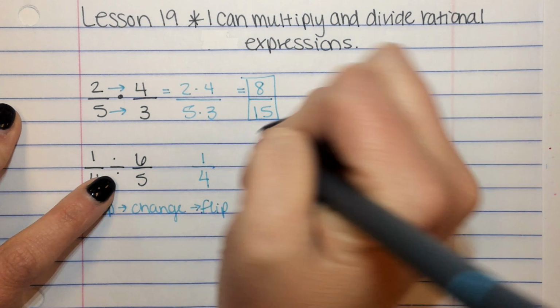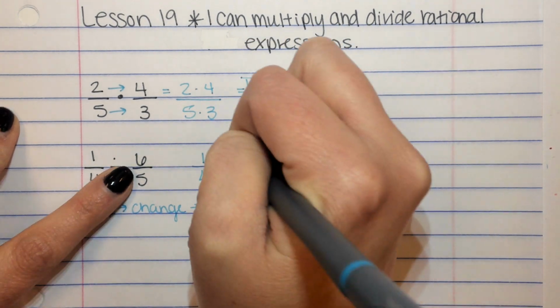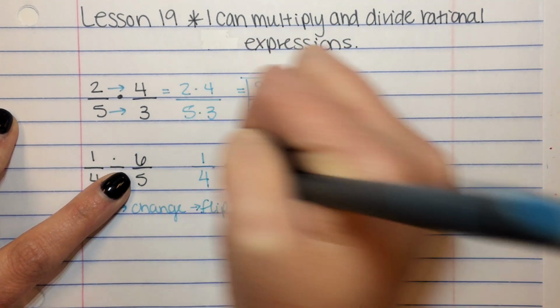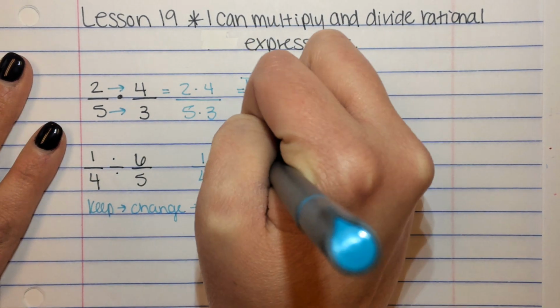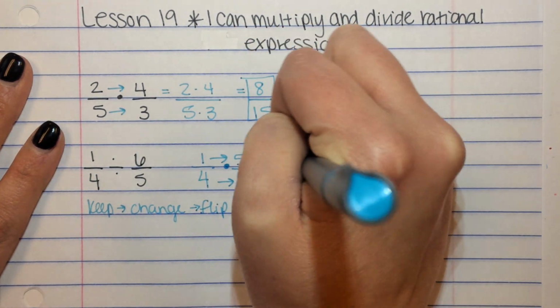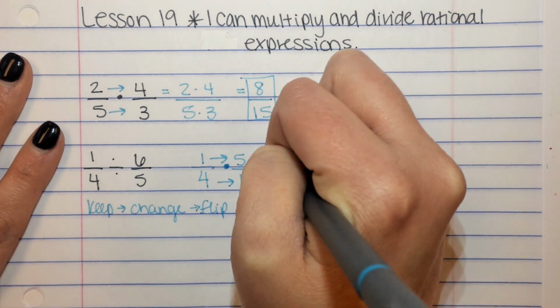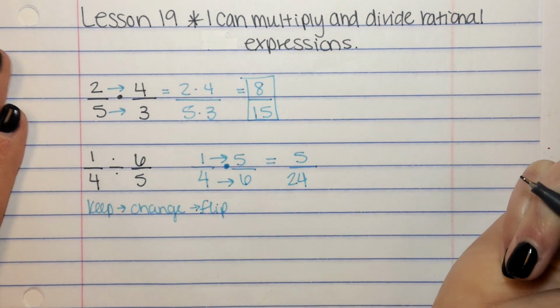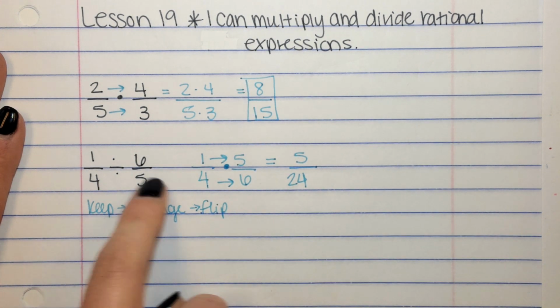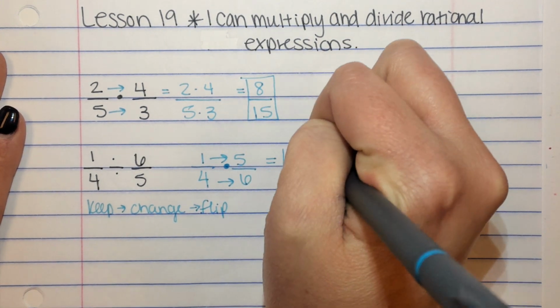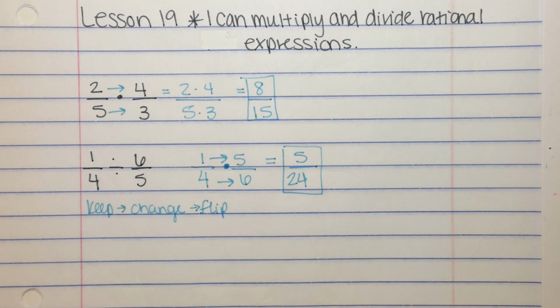You change the division to multiplication, you flip the other fraction upside down, then you can go straight across with your multiplication. So 1 times 5 is 5, and 4 times 6 is 24. Okay, so just like above, we just had to change the division to multiplication first. So we're going to do that same kind of thing with our rational expressions.